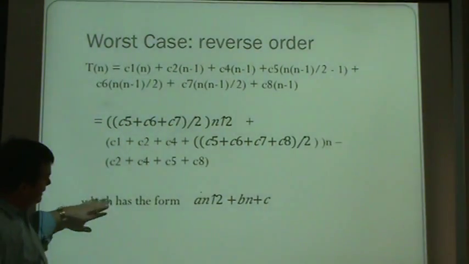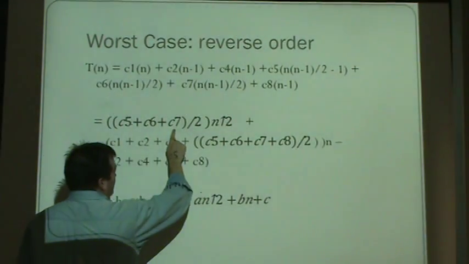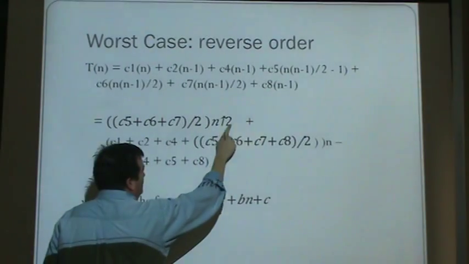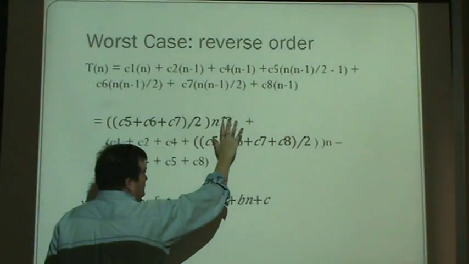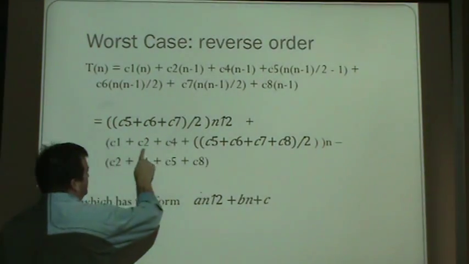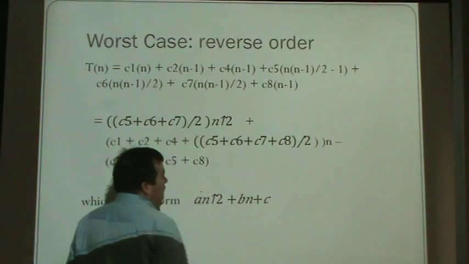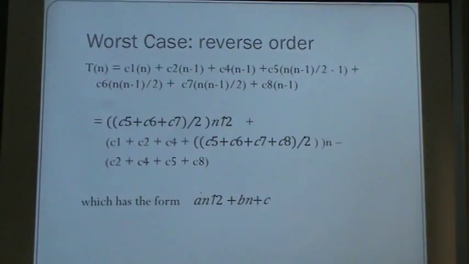So the amount of time the algorithm would take is lines 5, 6, and 7 running multiplied by whatever your input number is squared, n squared, not n. And then lines 1, 2, 4, plus 5, 6, 7, and 8 over 2 run n times.